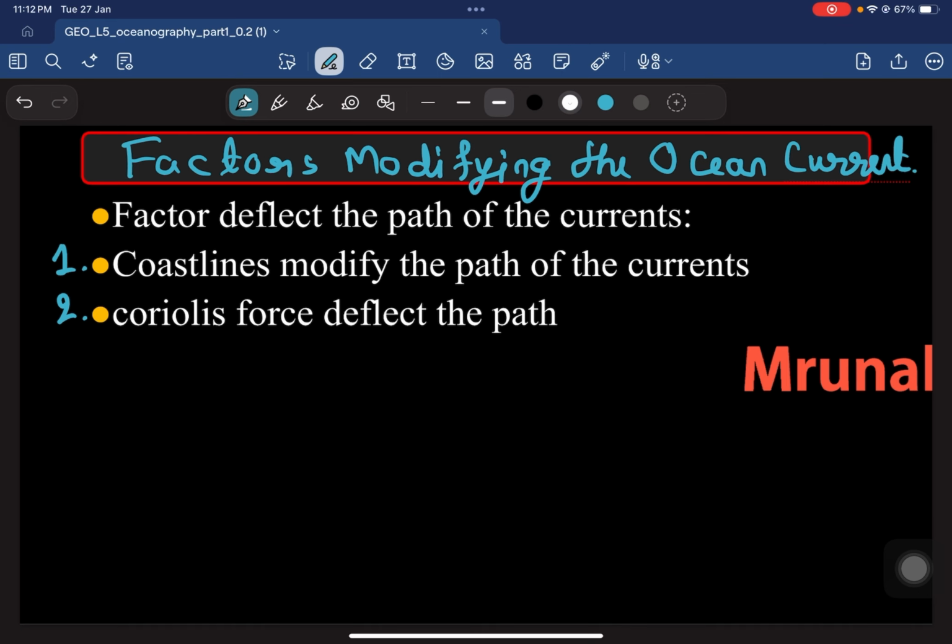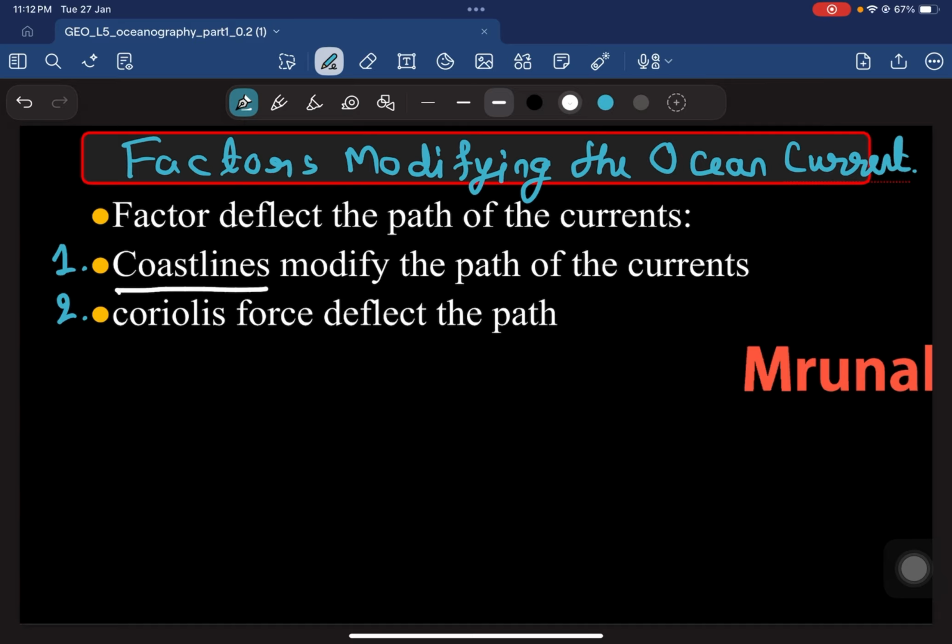Which factors will modify the ocean currents as they move from pole to equator and equator to pole? How do they get deflected? First one is because of coastlines.